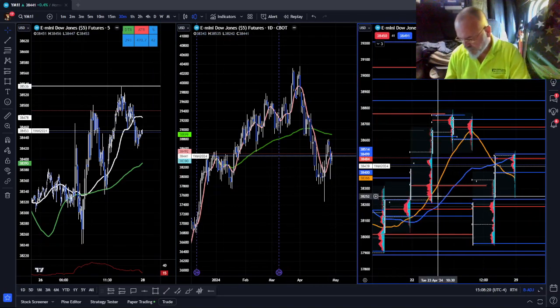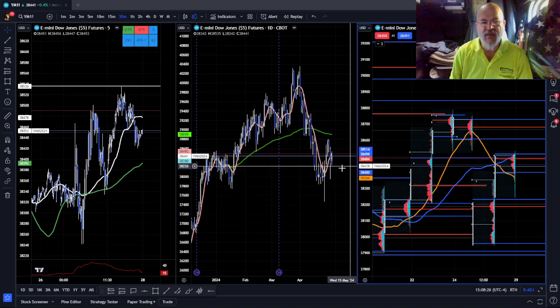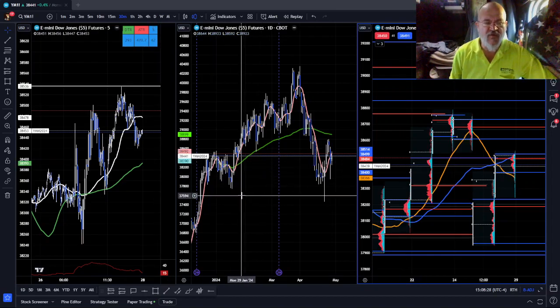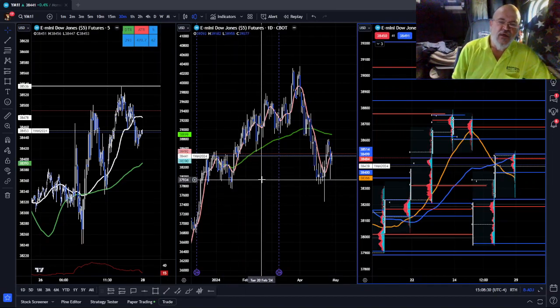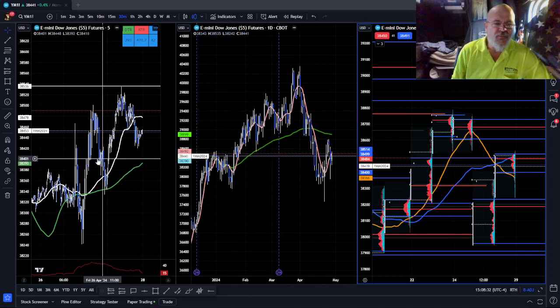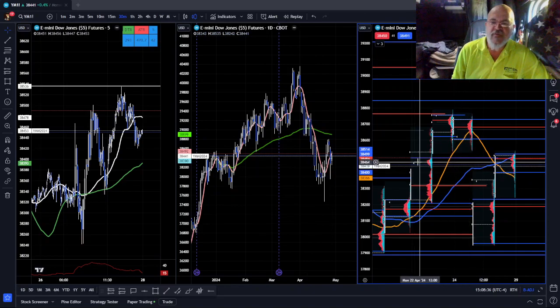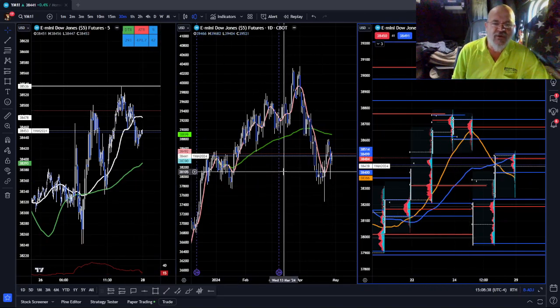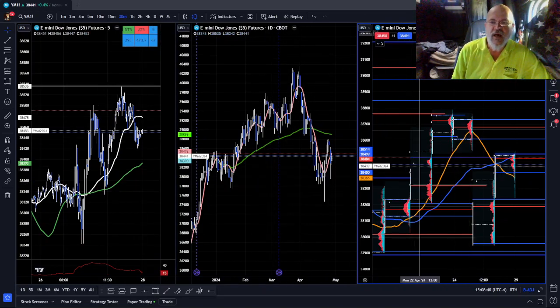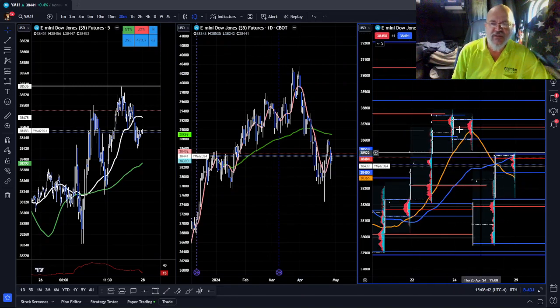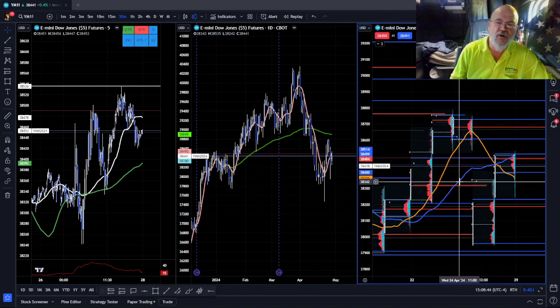For those that only have the essential package, and it can only do two windows, you may have to keep your session volume profiles, if you use them, on one of your other charts. If you do and you can only do two windows, what I have is a 30-minute chart for my session volume profiles and TPOs, because that's what they work off of.